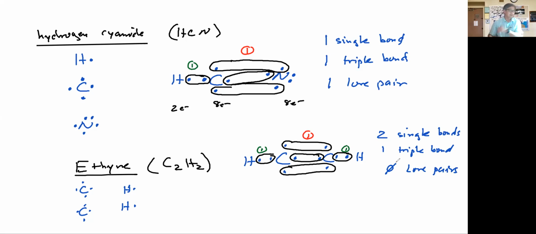Take about 2 minutes to get that done, and if you need more time, take more time, then unpause the video. Take about 2-ish minutes to draw the structure for sulfur dioxide and nitrate, and then we'll go over it together.